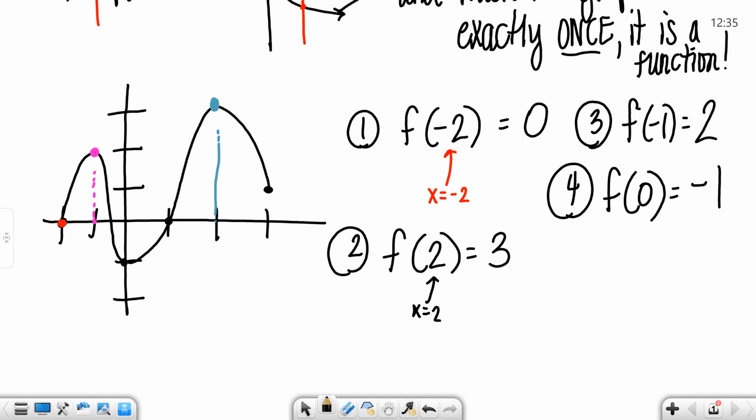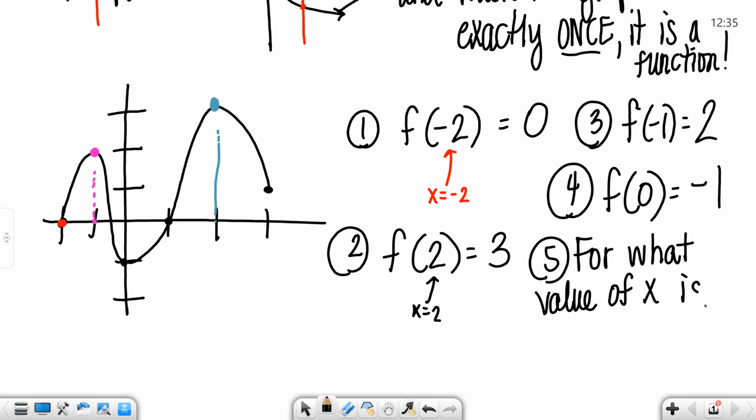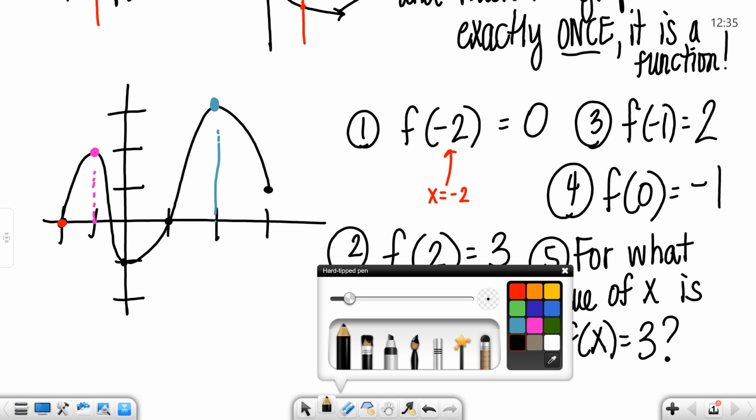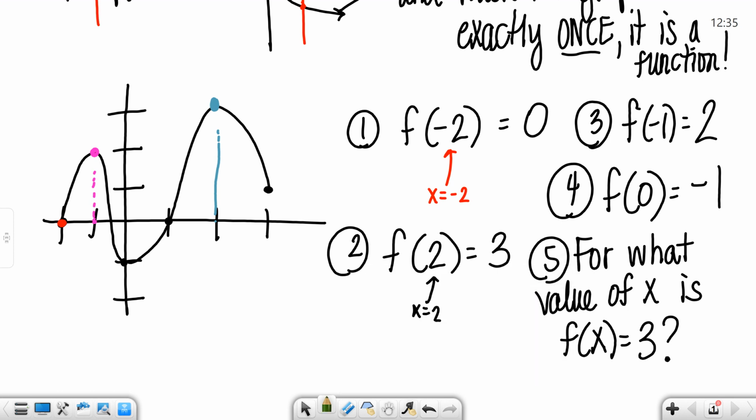And then the last question using this graph: for what value of x is f of x equal to 3? We had a question like that in our table, but now we're looking at a graph. Now they've given me this 3. That is not x.